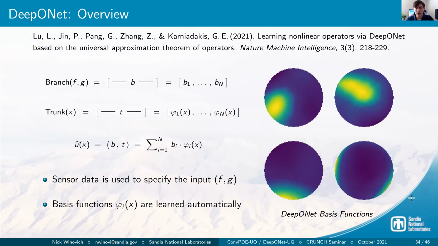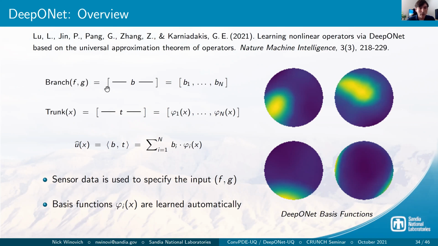I'm sure this is preaching to the choir, but I want to emphasize that the DeepONet model is very simple and elegant, though maybe not emphasized all the time. In simple terms, we have a branch network which processes our input data, here the input data for the interior and on the boundary.